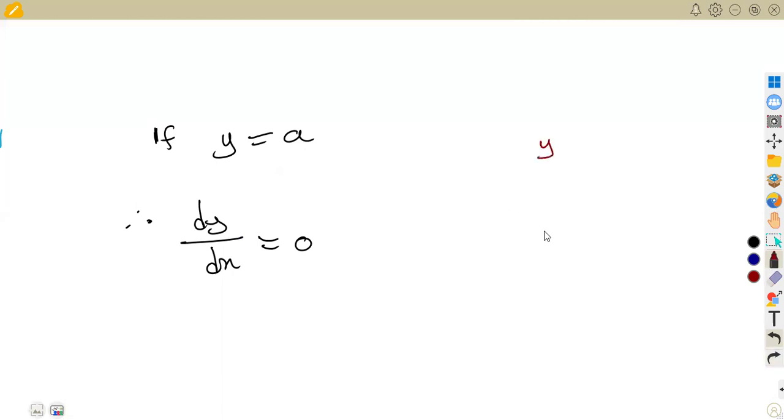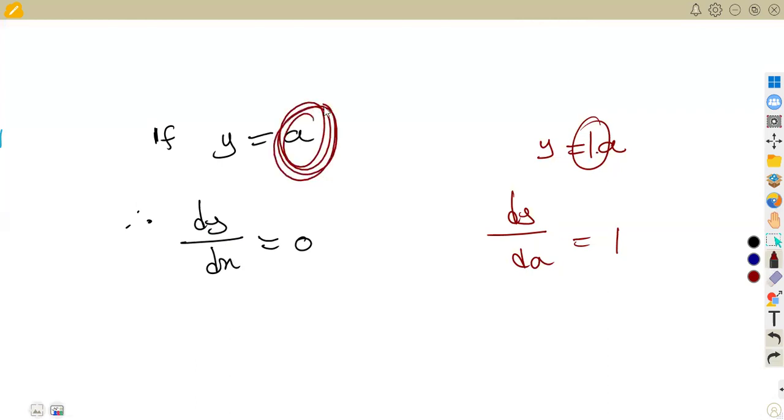If y is equal to a like this, and I'm differentiating y with respect to a, it's no longer a constant, it's a variable now, because it is with respect to a. And the derivative of that is going to give us a 1. Remember, we said this will just take a 1. If it was with respect to a, but this one is not with respect to a, it is with respect to x. So that makes our a a constant because of what it is with respect to.